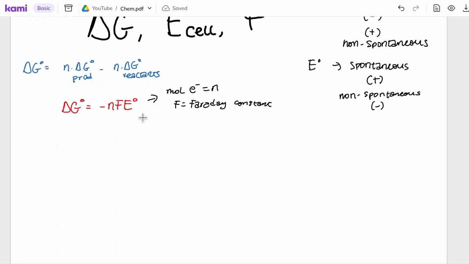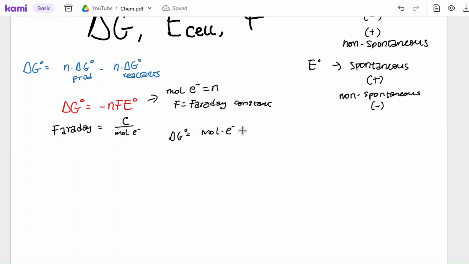This Faraday's constant is the charge in 1 mole of electrons, which is in the equation, which means the units are coulombs per mole of electrons. And how this equation will work out is, the units are: delta G0 is equal to, the N has units of moles, times E0.